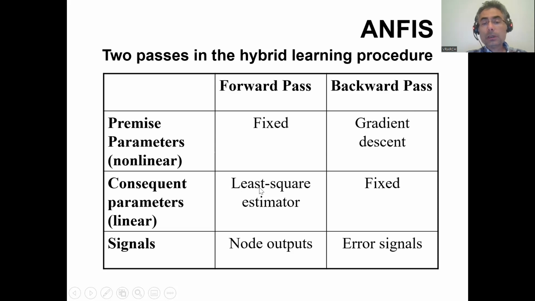For the consequent part, again, there are two different ways. Either use a least squares estimator like linear regression, because it's a linear equation there, or you fix it and also use signals, node outputs or error signals, to find the way.